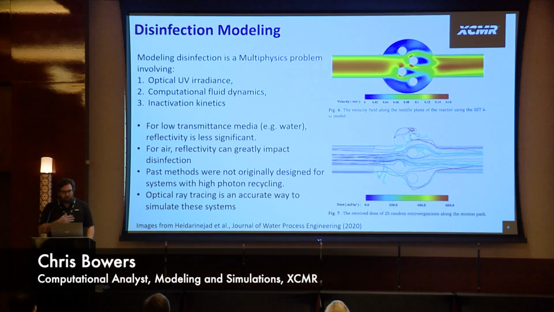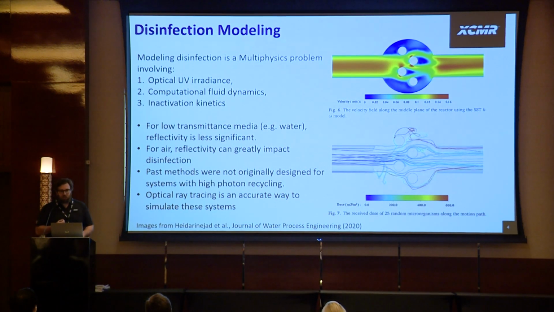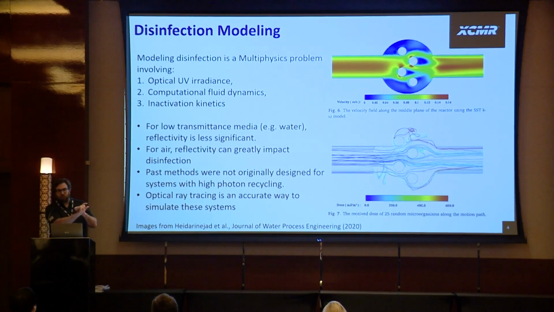As I said, past methods were made for water, and with these systems you have high photon recycling, so you need a method that can follow those rays, follow the system, and actually see what happens when light rays are reflecting multiple times. So one way that's become more developed recently is optical ray tracing, where you are randomly generating light rays from the source, and you're following those rays throughout the system until some kind of termination criteria.